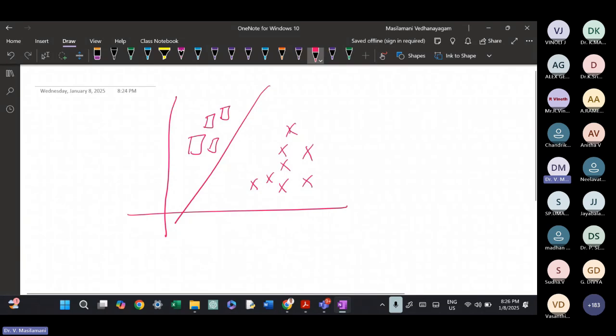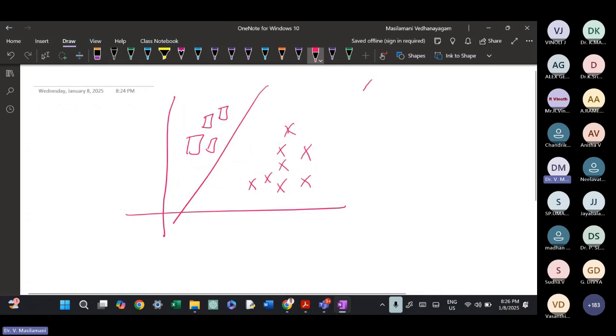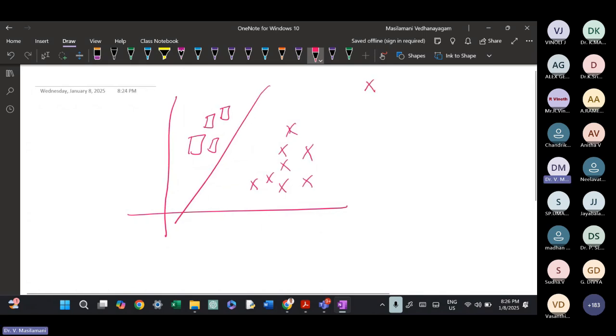But what happens is that when a new example comes, let's say some X comes, or box comes, we'll see what happens. Suppose that box is present here, right? And this box has come during testing time.